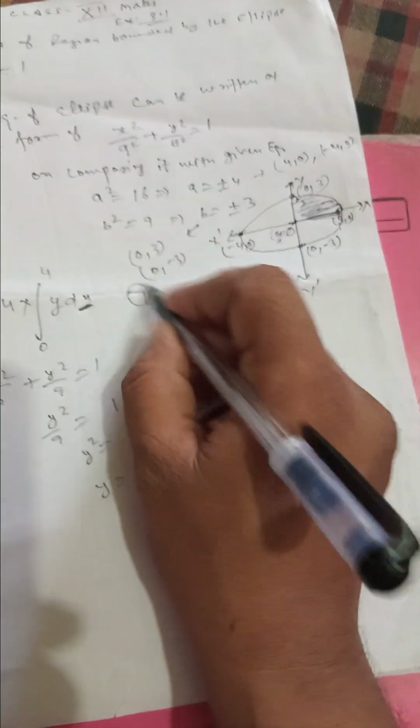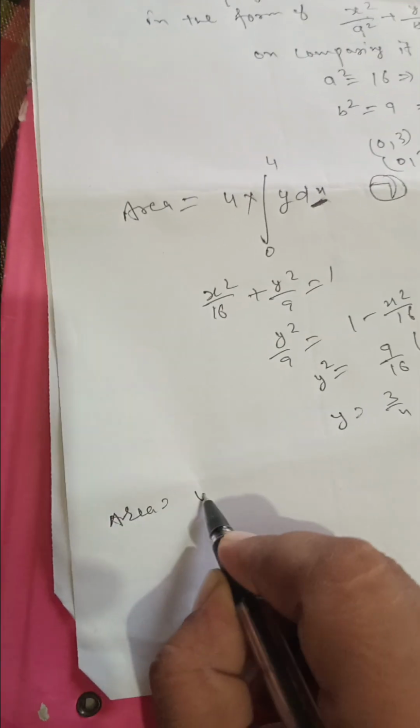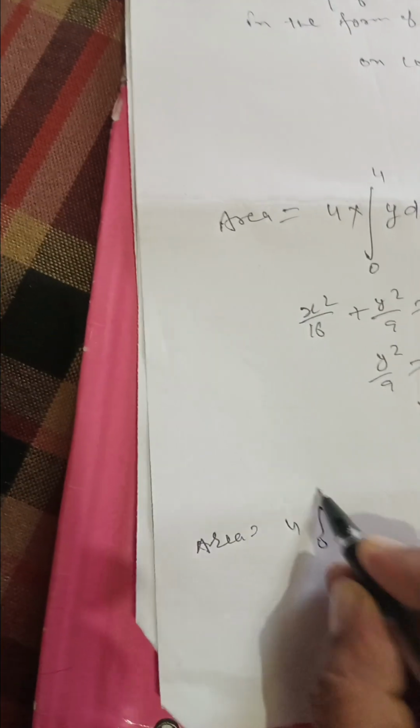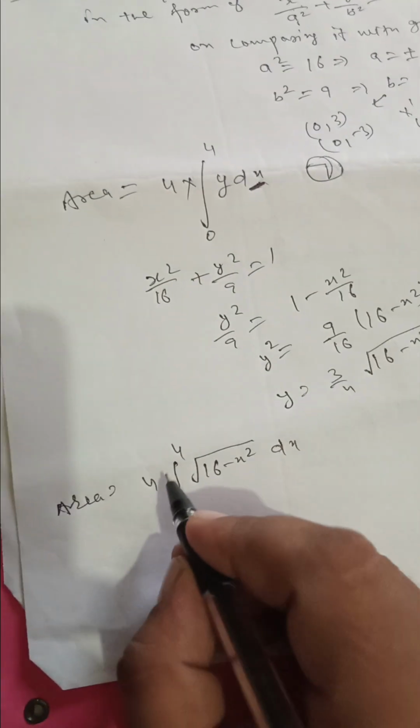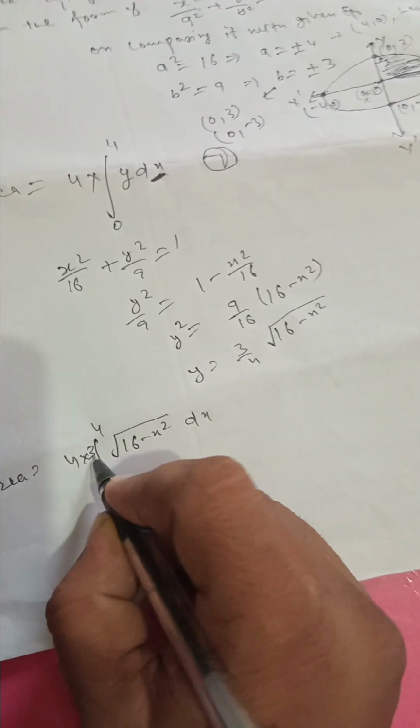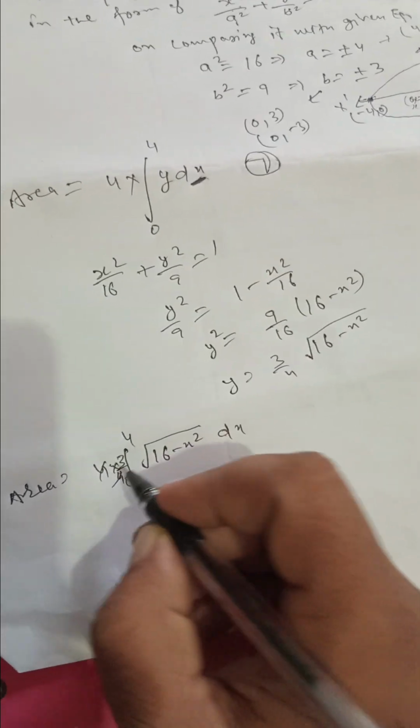Putting the value of y, so that we can find the area: area equal to 4 times the integral from 0 to 4 of 3 by 4 into the square root of 16 minus x square dx, and here the constant 3 by 4 taken outside cancels with the 4.